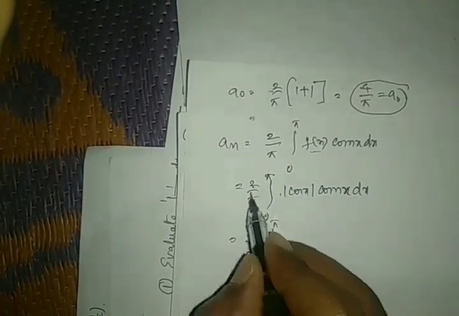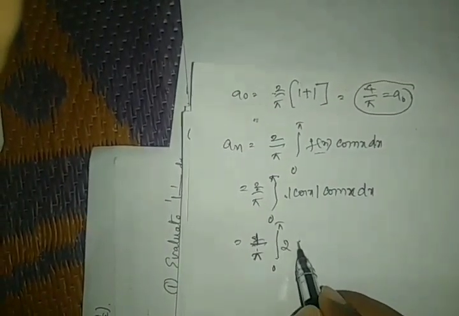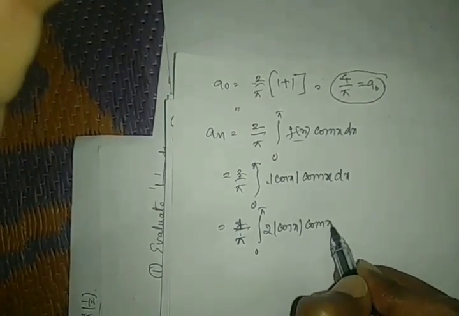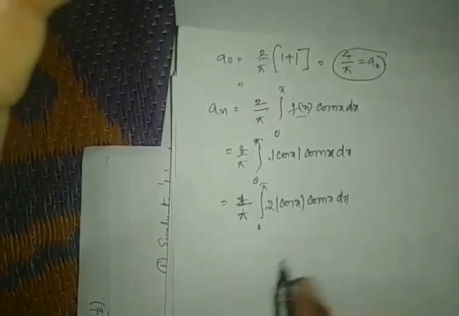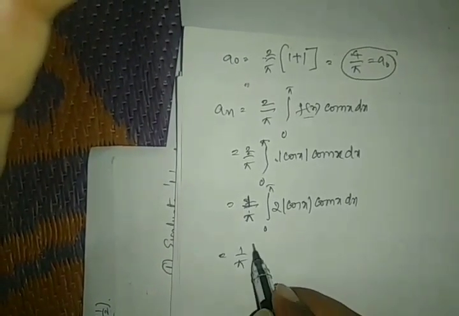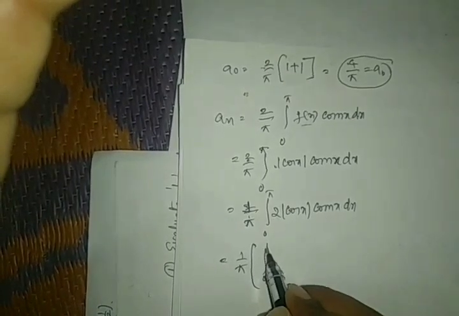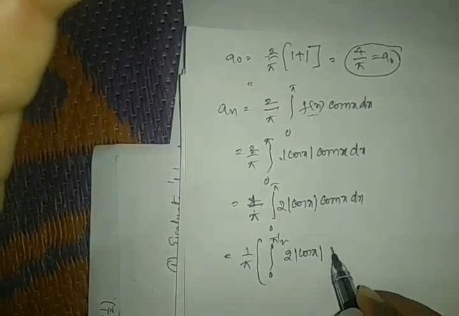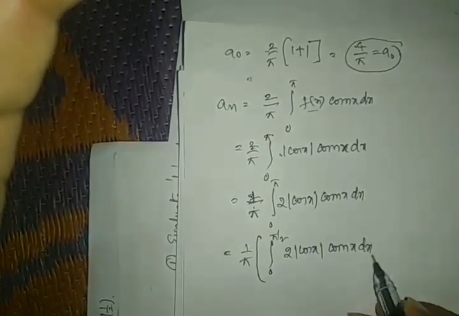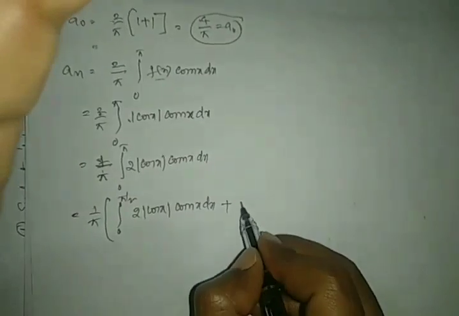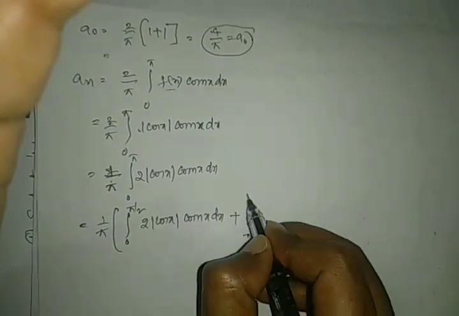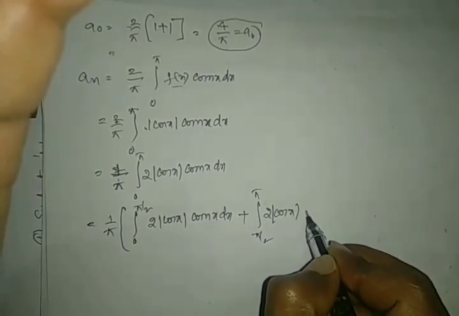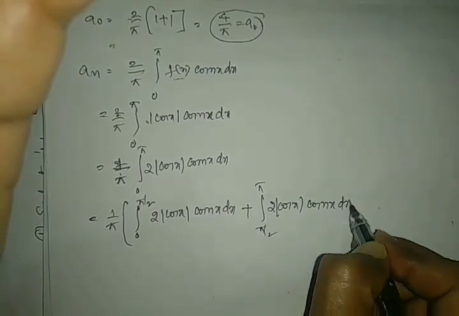Taking the 2 inside the integral, 1 by pi into integral 0 to pi by 2, 2 mod cos x cos nx dx plus integral pi by 2 to pi, 2 mod cos x cos nx dx.